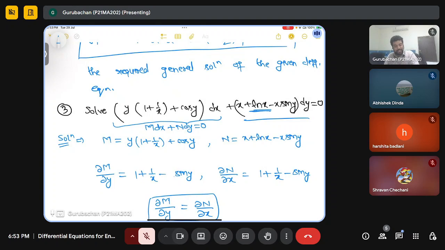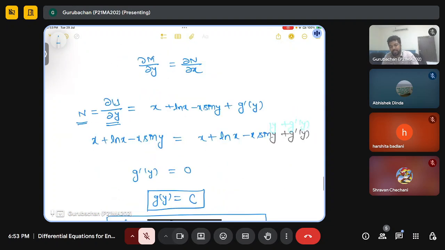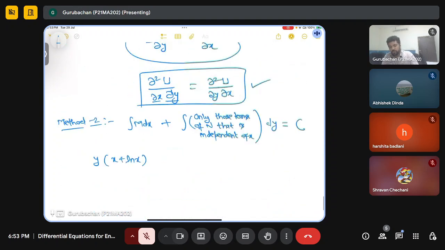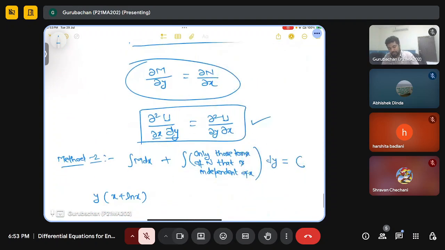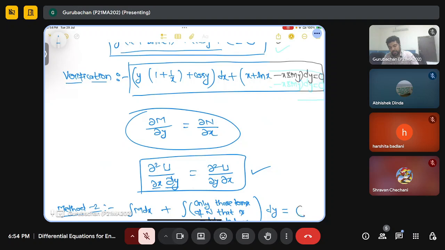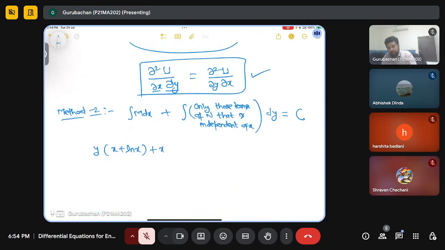Observe here, we have given ln x. So it is quite clear that our domain x is not equal to 0, and in fact x is not even negative also. Okay. If it is so, then there should be some mod. So this is our domain. So I can directly write ln x also. So y ln x plus, next one is x cos y. This is your first part.